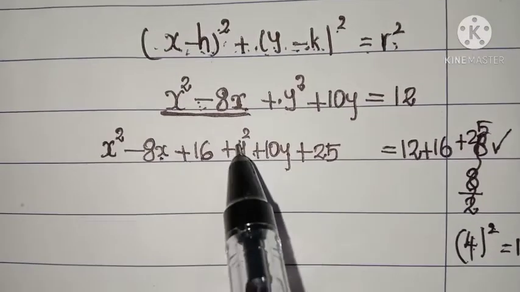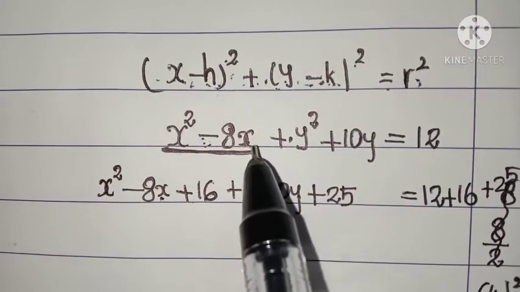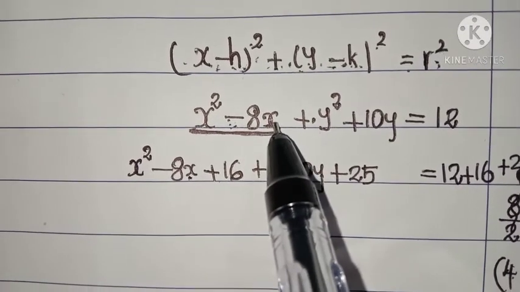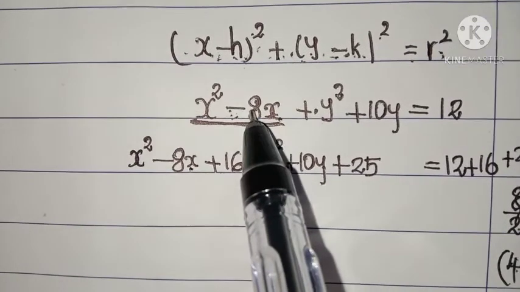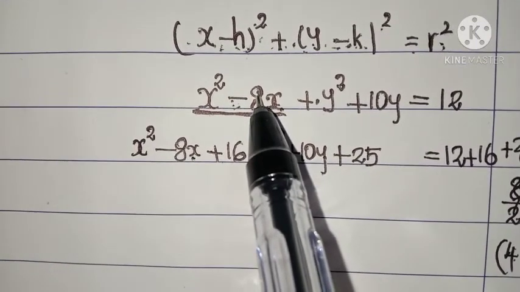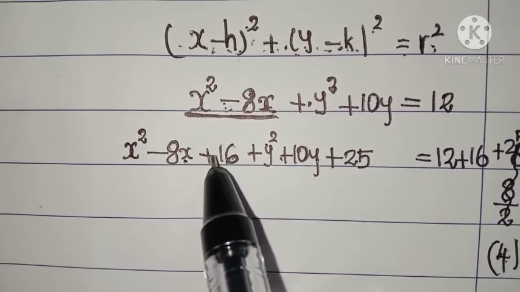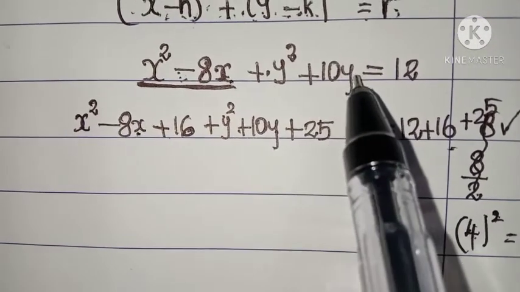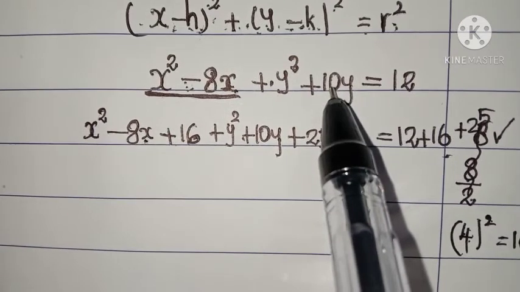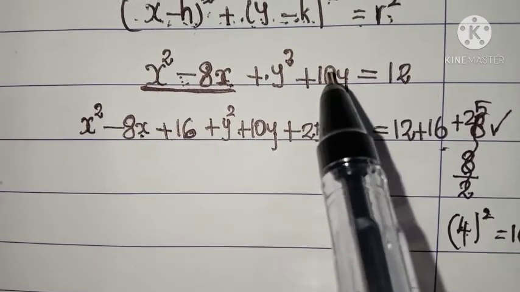Clear? Consider the coefficient of x, that is 8. Half of 8 is 4. 4 square is 16. So add 16 on the left side and right side. Similarly, the y term. Coefficient of y is 10. Half of 10 is 5.